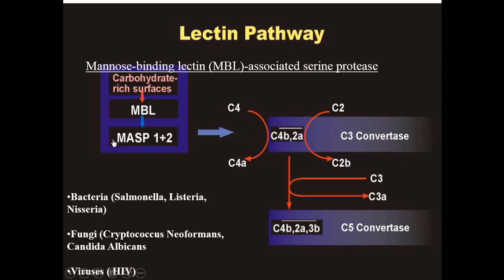And there are two enzymes bound to MBL. They are called mannose binding lectin associated serine protease 1 and 2. These two enzymes are similar to C1r and C1s.